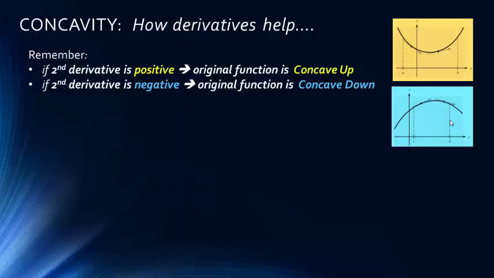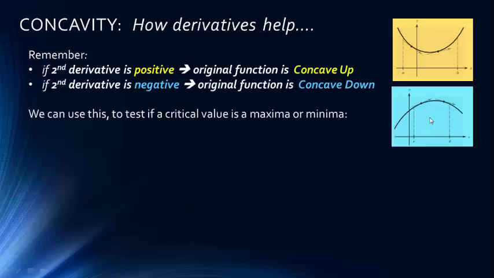Okay. So again, just a little review here. If the second derivative is positive, we have concave up. If the second derivative is negative, we have concave down. Now we can use this when we figure out that we have a maximum or minimum. If we do the second derivative and it's positive, then we have a minimum. So now we have a way to figure out if it's a max or minimum without looking before and after the local max or minimum.